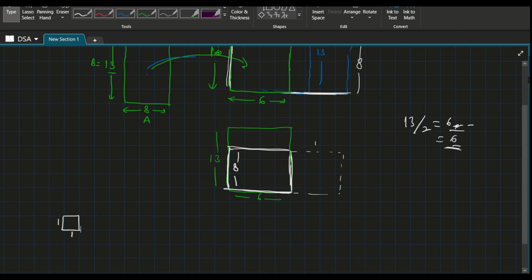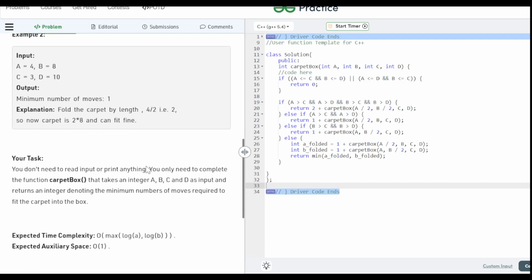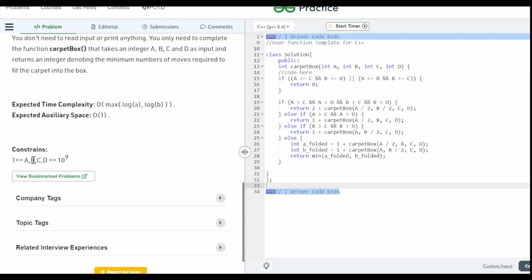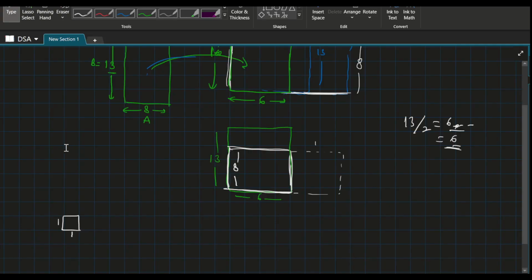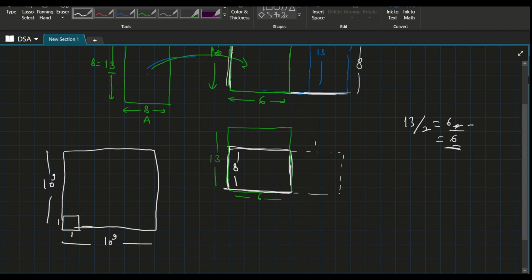In the question it is given that A, B, C, D can lie between 1 and 10 to the power 9, so A and B can be 10 to the power 9 in the worst case. So we have to fold our carpet along the length as well as the breadth to put it into the box 1 cross 1. This will be our worst case.